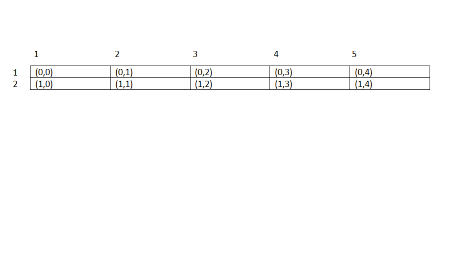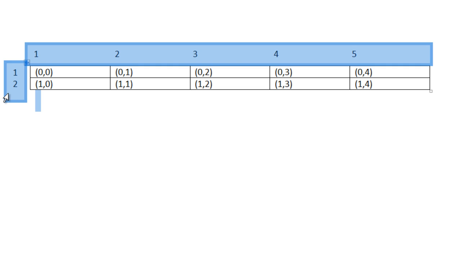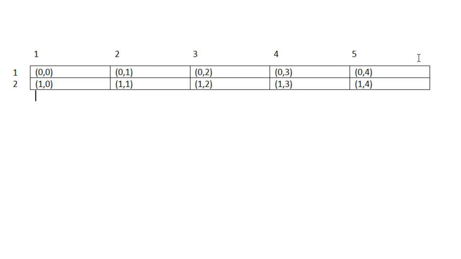You see, this is how a 2 by 5 array table would look like. So you have your 2 rows and your 5 columns. But what they have done is set the value of the first column and the first row as 0 and 0.